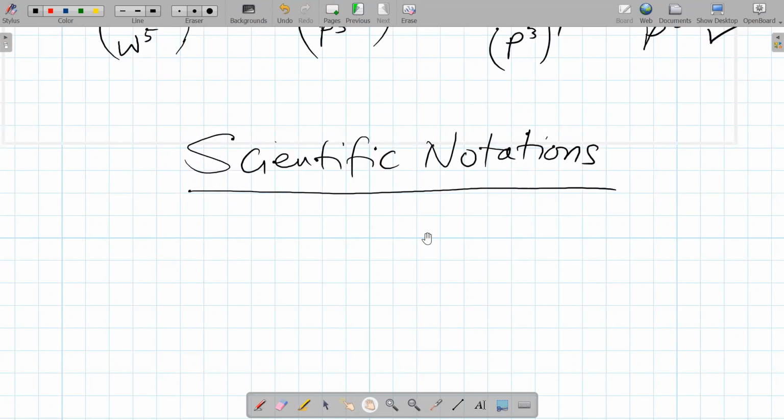There are some large values or very, very small values that we cannot continue to write out. And so there's a need for us to express them in what we call scientific notation.